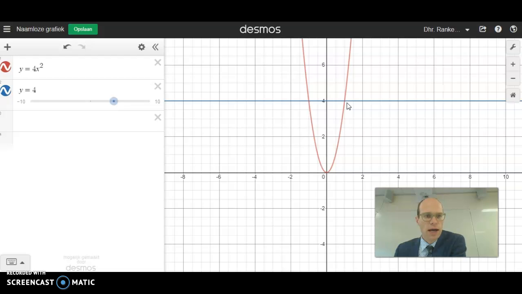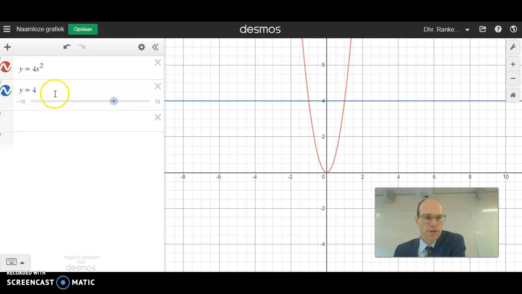So if I would have 4x squared is equal to 4, then where these two lines, the two parts on both sides of the equal sign, intersect, that's the solution. And you can see right now there are two solutions, two intersections.